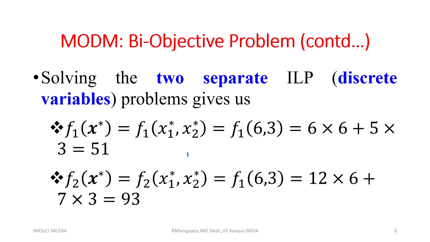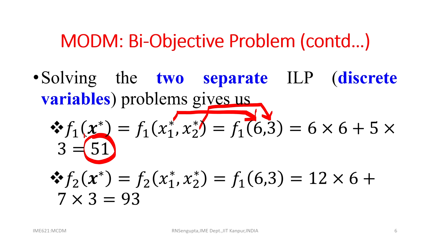Anyway, let me continue. When I solve this integer linear programming problem, for the first objective f1, x1 star comes out to be 6 and x2 star comes out to be 3. Putting that in the objective function, 6 into x1, which is 6, plus 5 into x2, which is 3, the value we get is 51.